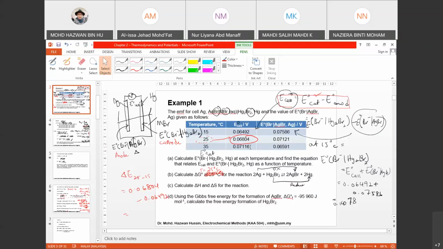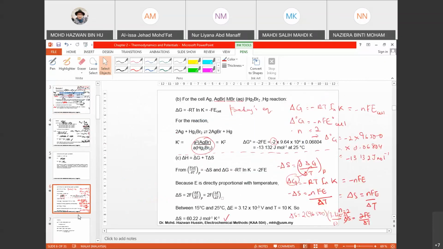That's 25 to 35. Yes, you can also choose 35. The difference of 35 to 25 is also no problem. Even if you take the potential difference from here and also here, the value will be almost the same. The difference of temperature is still the same, because the range is a 10 degree increase. Is it okay?